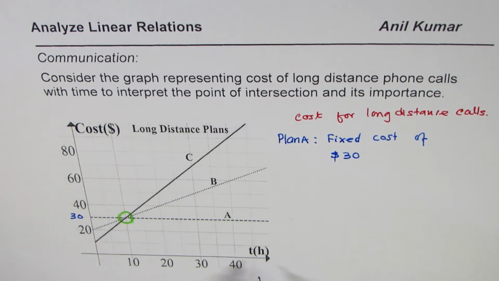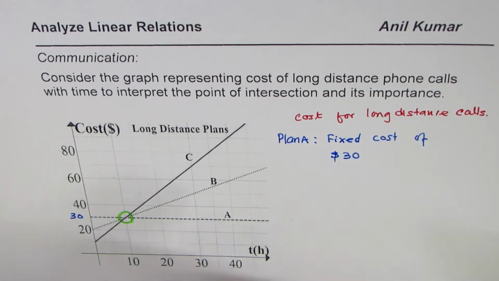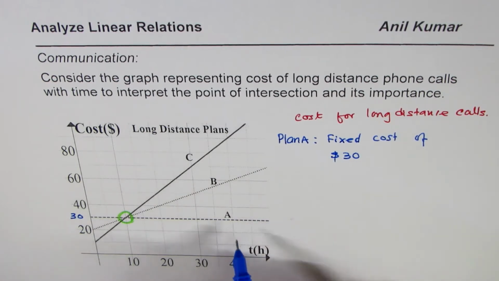So let's consider that to be a monthly plan. So any number of hours you may talk, you just pay $30. That's plan A. Fixed cost of $30. Whether you talk for 10 hours, 20 hours, 30, 40 or more, you just pay $30. That is plan A. Now let's see what plan B is for us.